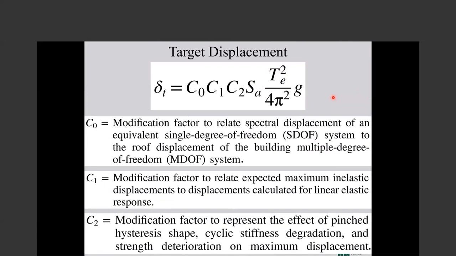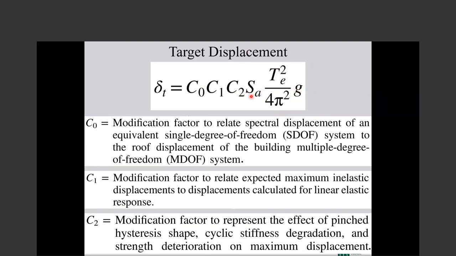It seems a little more complicated than base shear. Base shear was very nice, just SA and a couple of coefficients to adjust for some events. But here, we have some strange stuff too. But other than that, there is SA, the same as the previous one, SA times g, because usually SA is a factor of g.